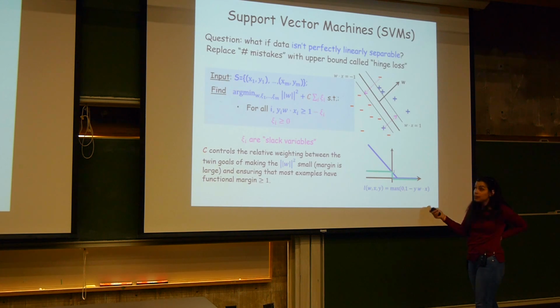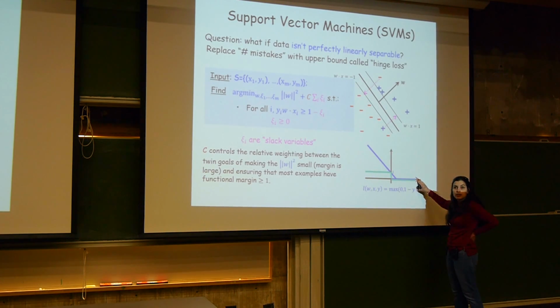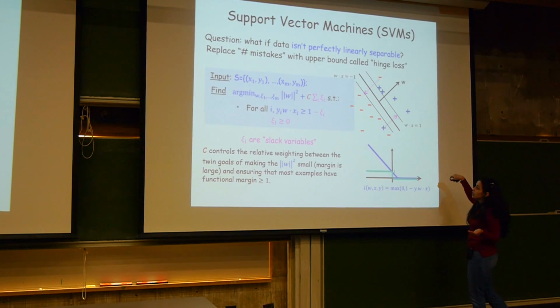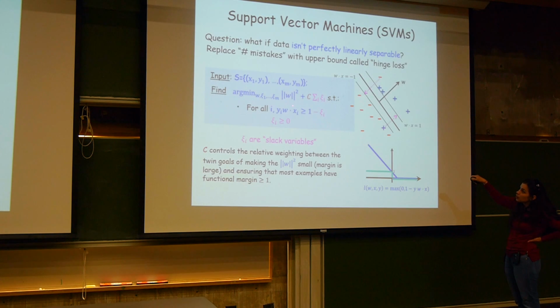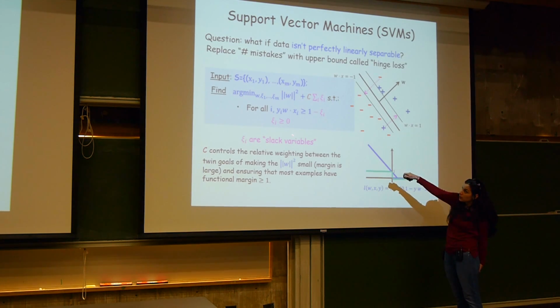If that's the case, then I pay nothing in this objective, I pay 0. If my example is a positive example but has w dot xi equal to exactly 0, it's right on the separator, then I'll need to set psi i to be 1. In that case, where the positive example is right on the separator, we're going to pay 1, because psi i will have to be 1 for this constraint to be correct.